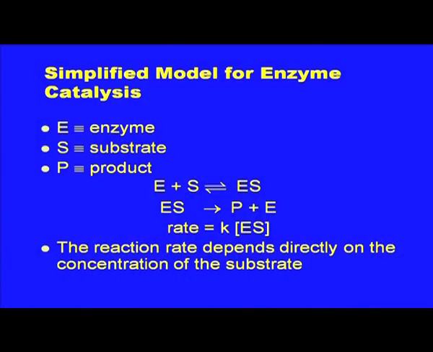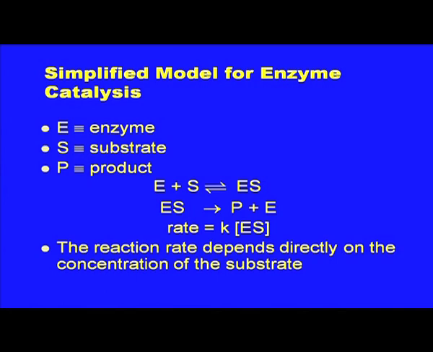Now, if we talk about enzyme catalyzed reactions, there are 3 things. One is the enzyme, a large biomolecule. Then the substrate, on which this enzyme will act. The substrate will be converted to a product.